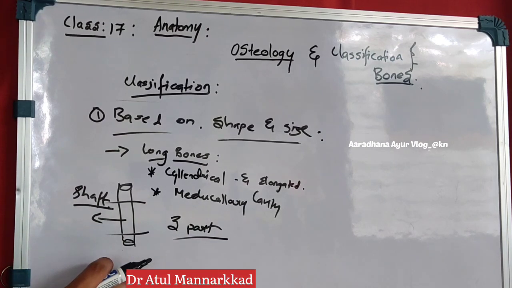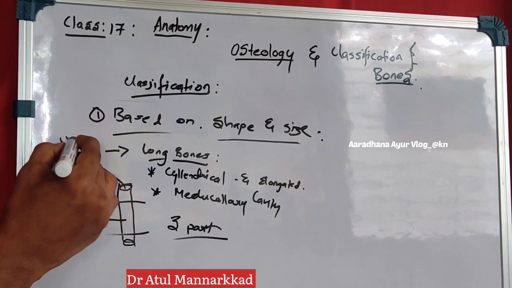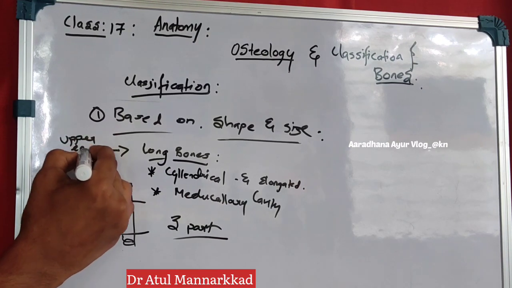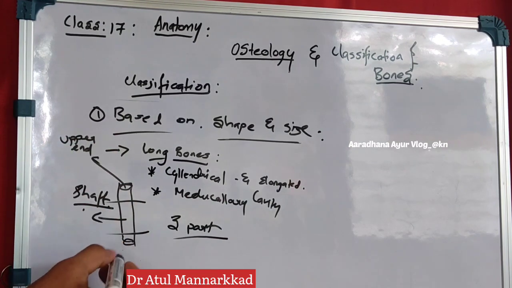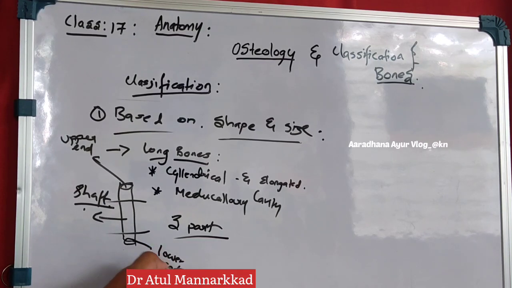In this long bone also, it has three parts: the upper end, the middle part which is the shaft, and the lower part, which is the lower end. So long bones have three parts.